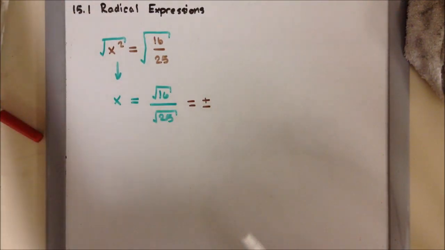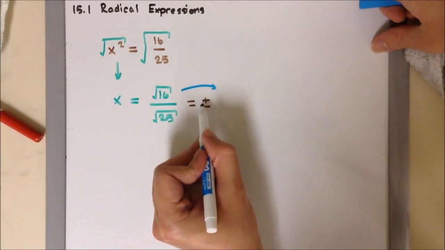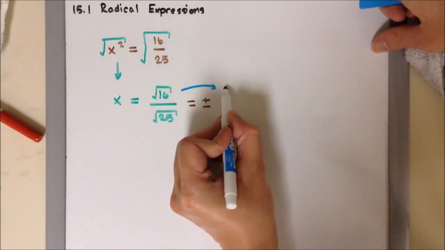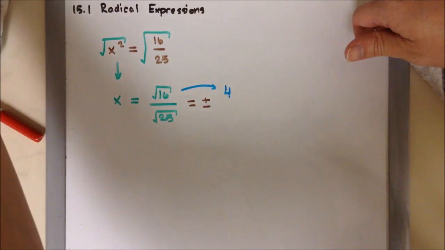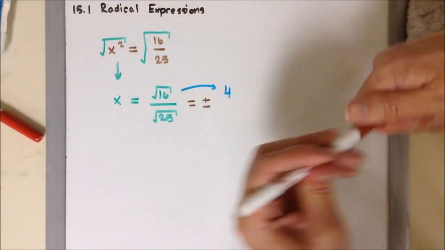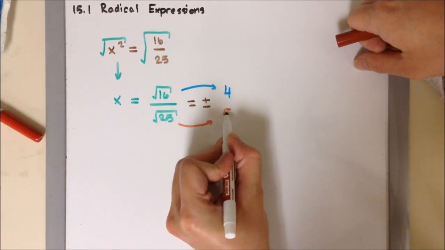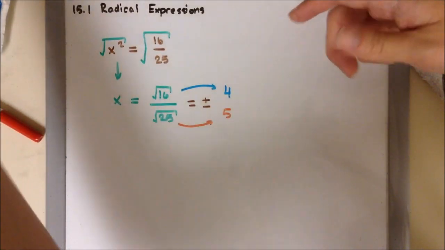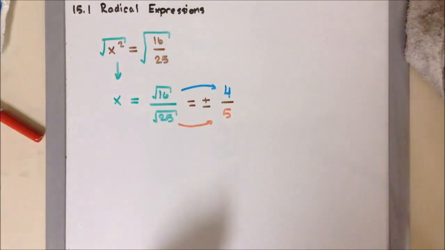Now, for the square root of 16, since we have the positive and negative, we're just going to find the root of 16, which is just 4. Now, for the denominator, square root of 25, we're just going to find the root. So the square root of 25 is 5. And remember, this is a fraction. So x is equal to positive and negative 4 over 5.